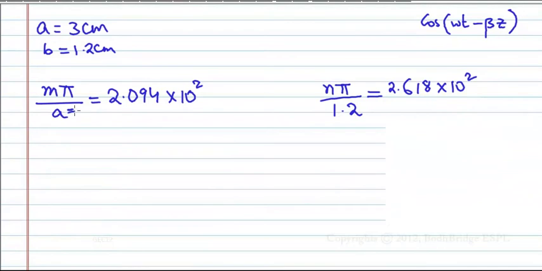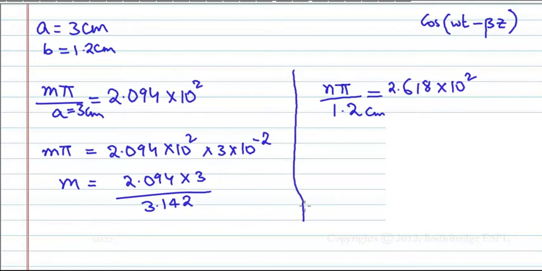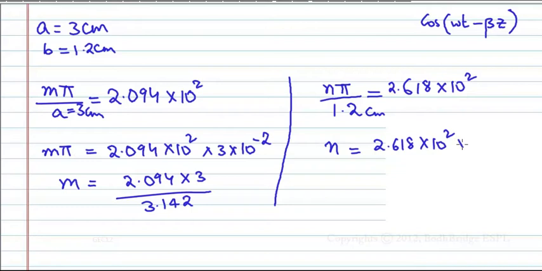We can substitute it here. m = 2.094 × 10² × 3 × 10⁻² (for converting into meter) / π, with π as 3.142. And n = 2.618 × 10² × 1.2 × 10⁻² / 3.14.